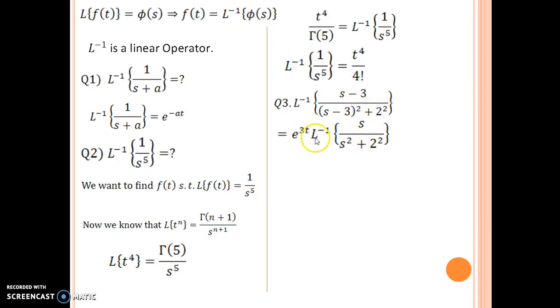So the net effect would be L inverse of s upon s square plus 2 square. If you now observe, this is nothing but Laplace of cosine 2t. So finally the inverse of this would be e to the power 3t times cosine 2t. I hope you have followed it.